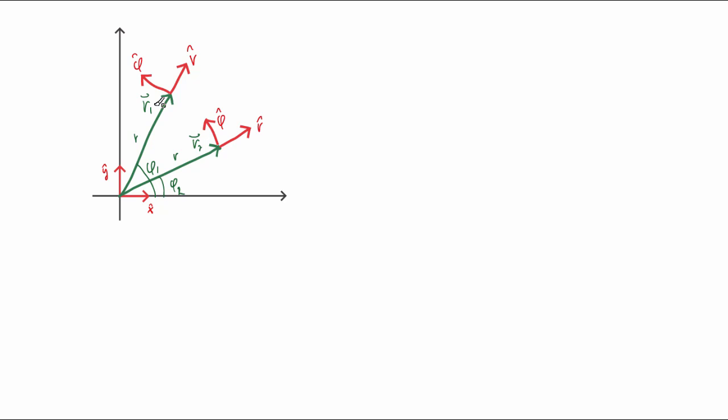Now, since both vectors have the same length, their expressions in terms of r hat and phi hat are actually the same. We get that r1 is r r hat, and we get that r2 is r r hat.